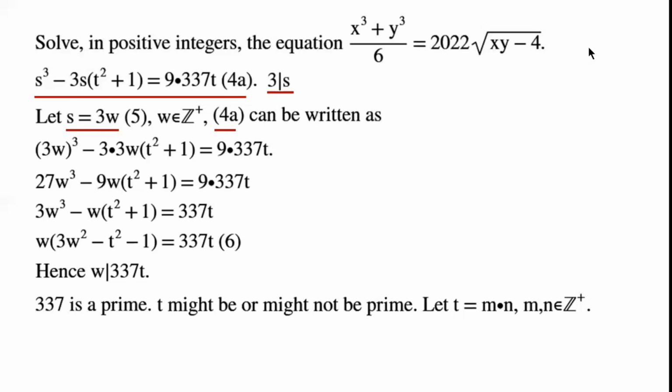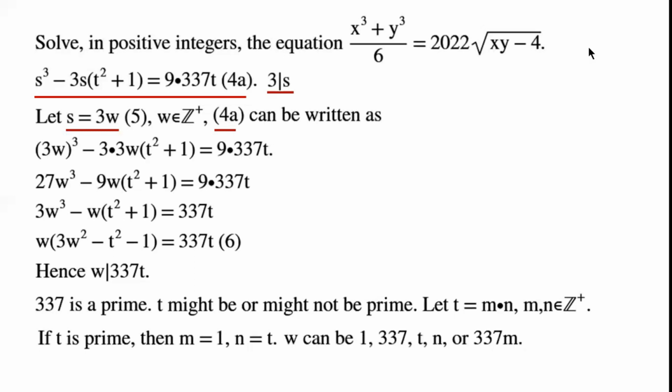Let t equal m times n. m, n are positive integers. If t is prime, then m equals 1, n equals t. w can be 1, 337, t, n, or 337m.